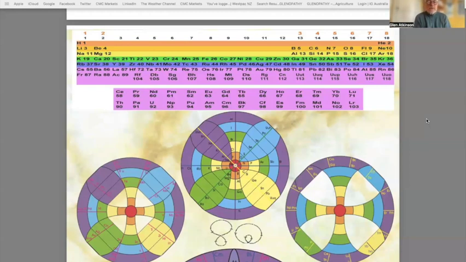And with the transition elements from group 3 to group 12, there's 10 groups of those. And then when we come down to the lanthanoids and actinoids down the bottom of the chart, there's 14 of those. And so we have these different number phenomena with regards to these elements.